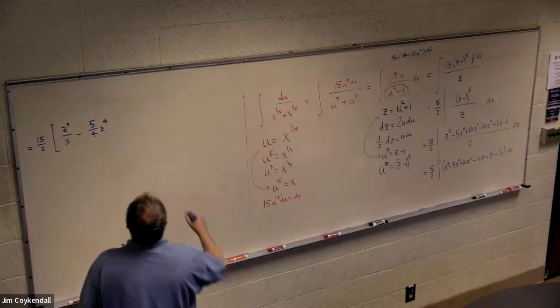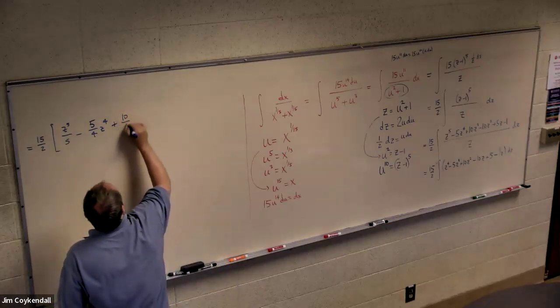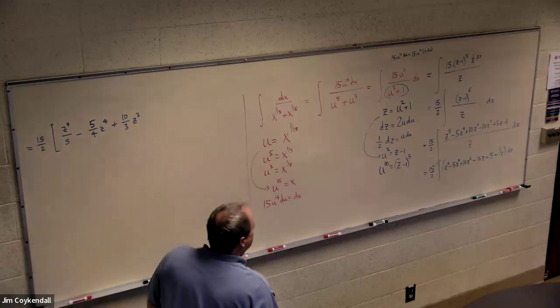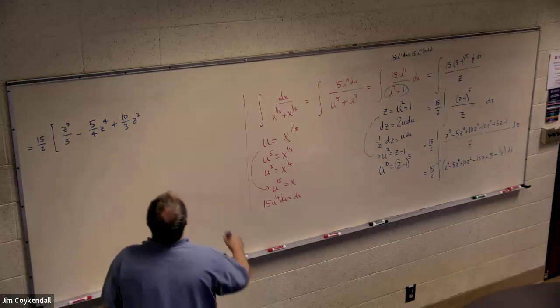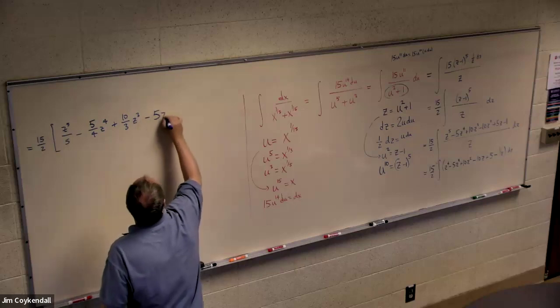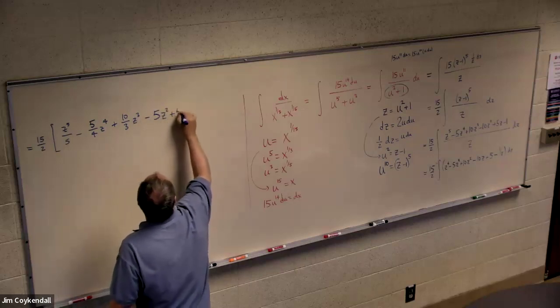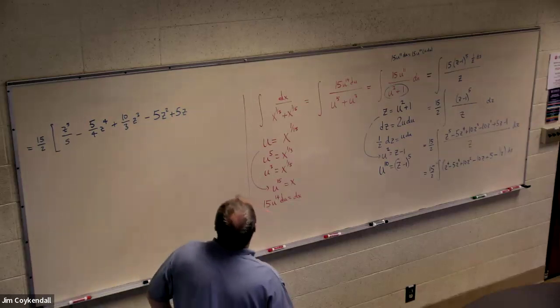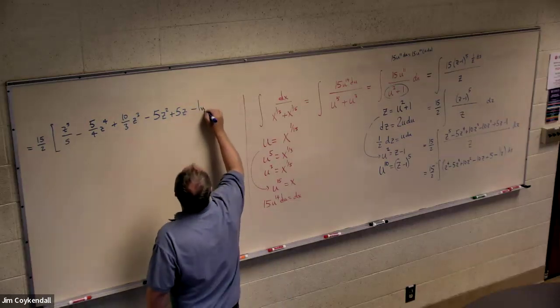Plus 10 thirds z cubed, minus 5z squared, plus 5z, minus natural log absolute value.